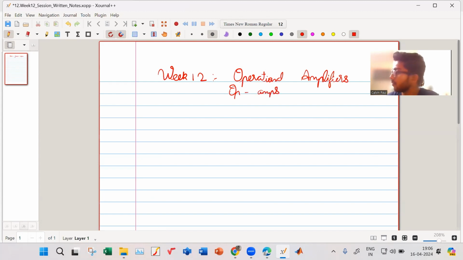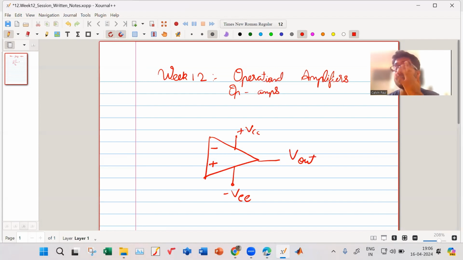When we think of an op-amp, what comes to our mind? The symbol of an op-amp is given by negative, plus. You have your plus VCC, minus VEE, and this is your V out.